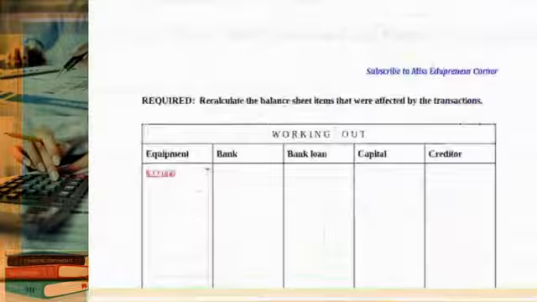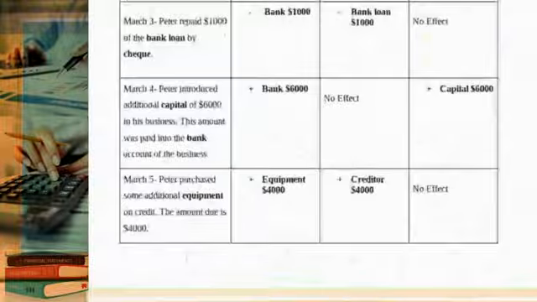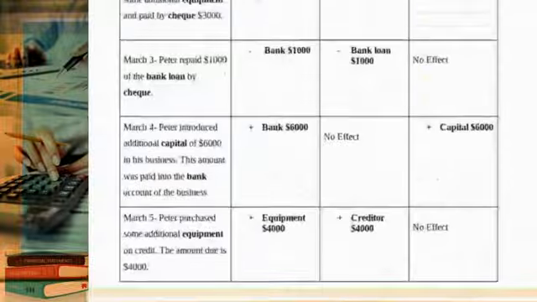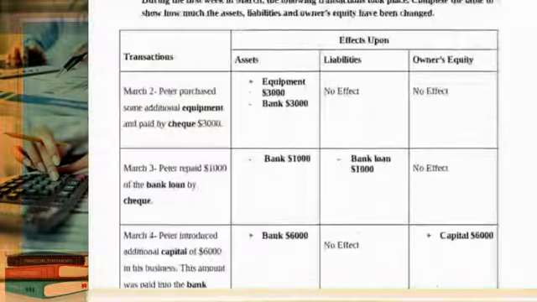And then now we're going to go to the effects table and we're going to highlight all the transactions where equipment was being affected. So in the first transaction right here, we see that equipment was increasing by $3,000.